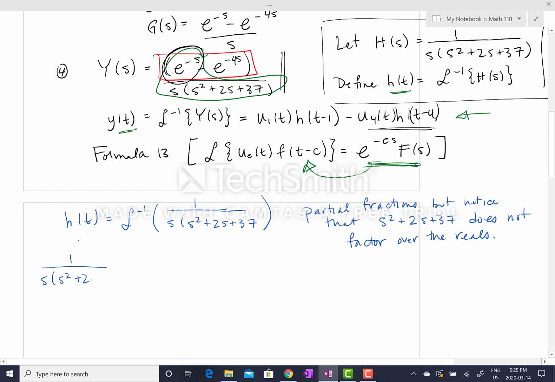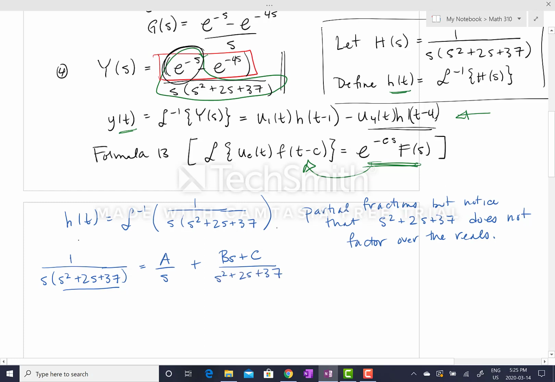So we've done, I think, linear factors, possibly even repeated linear factors. This may be the first time that we've seen an irreducible quadratic. And the proper way to do the partial fraction decomposition here is A over s plus (Bs plus C) over s squared plus 2s plus 37.